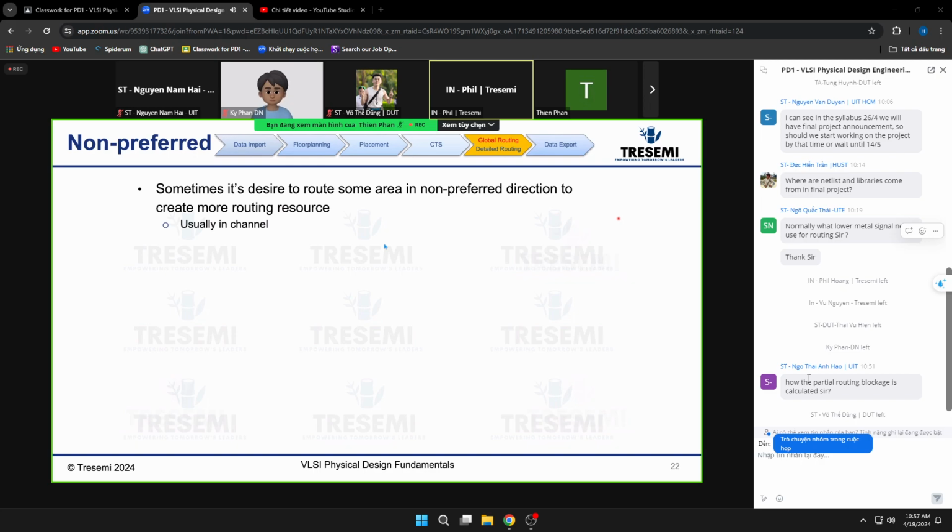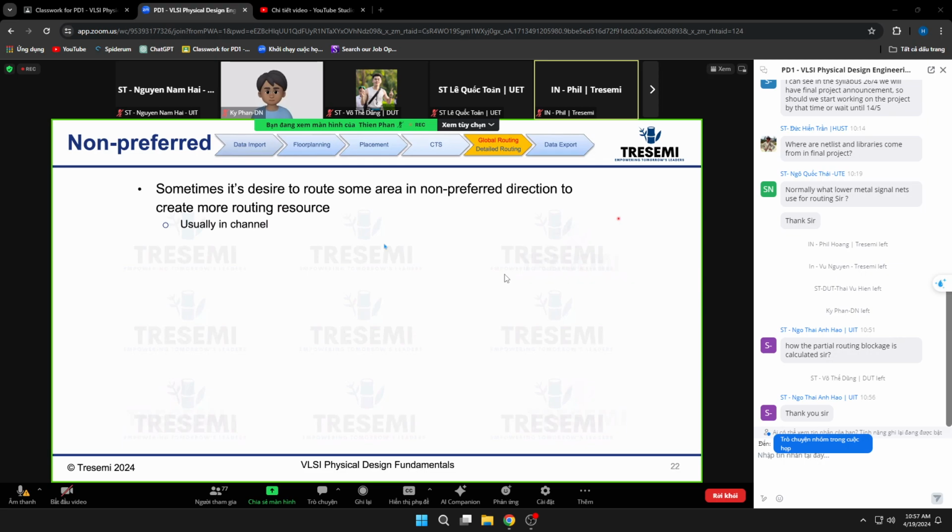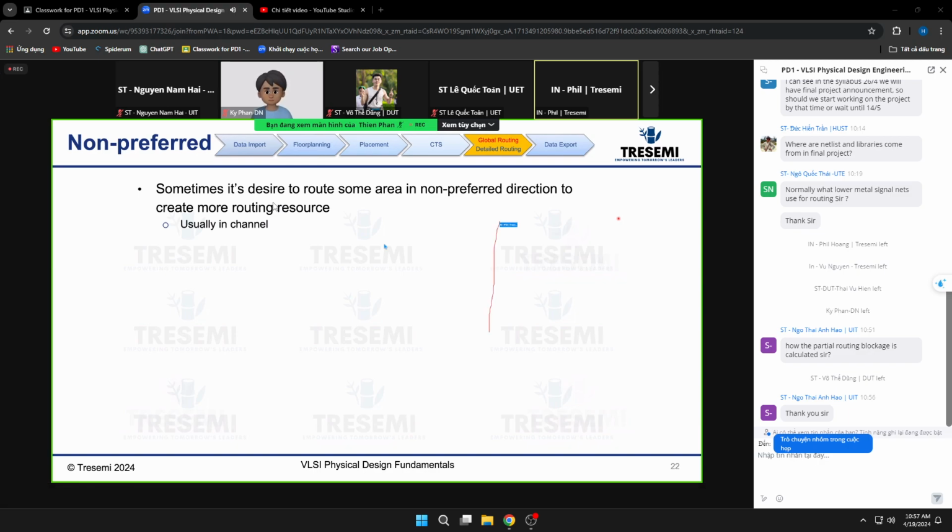Can someone say why? I guess I'll just answer. SI is due to coupling caps. Coupling cap is usually the sidewall cap in between two wires, right?